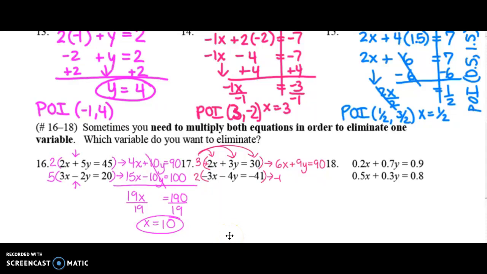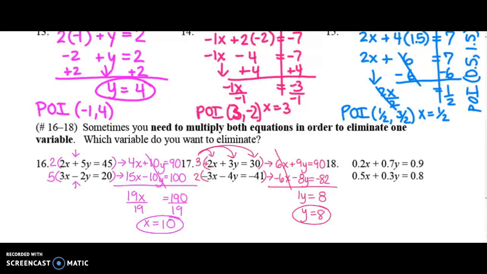So my first equation becomes 6x plus 9y equals 90, and the bottom equation becomes negative 6x minus 8y equals negative 82. 6x and negative 6x cancel out, so the x is eliminated. 9y and negative 8y make 1y, or just y by itself. 90 plus negative 82 makes 8, so y equals 8.